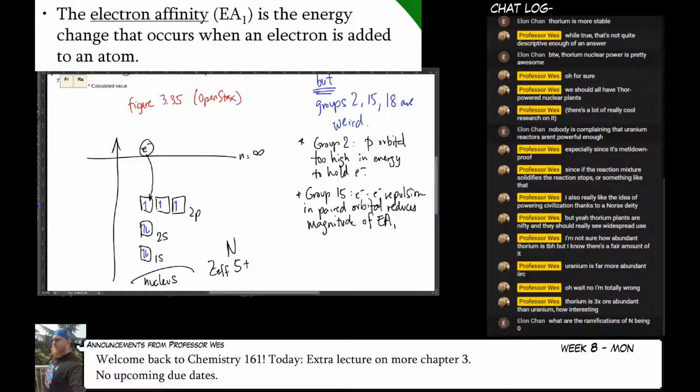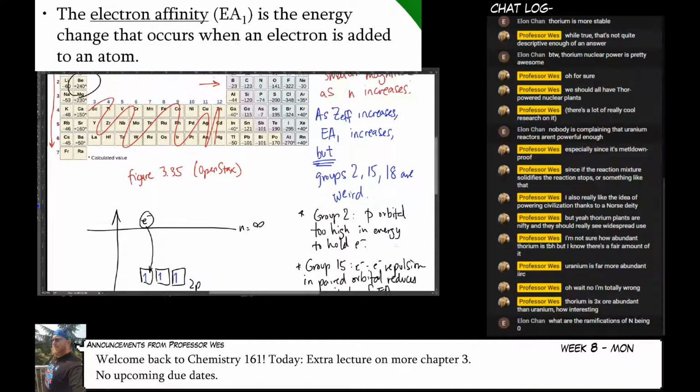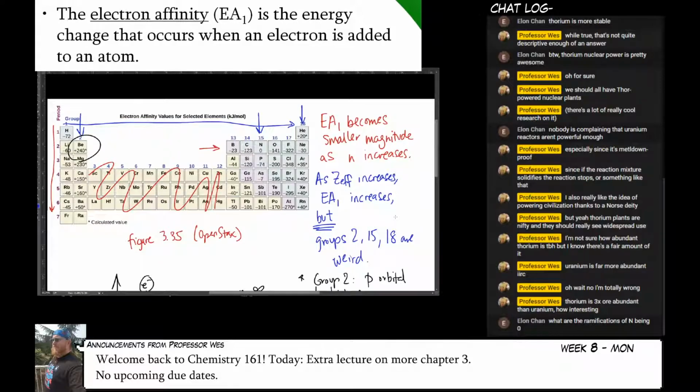So the electron-electron repulsion from pairing our electrons reduces the magnitude of the first electron affinity for elements in group 15. And interestingly, the result for nitrogen is that it just ends up landing on 0.